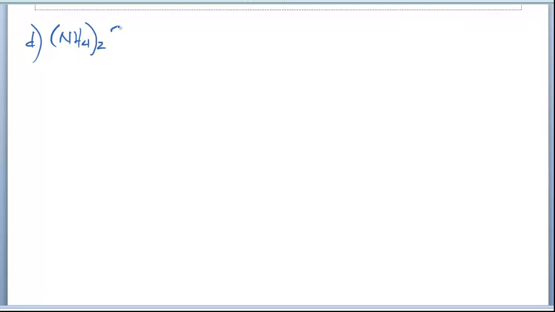NH4, we have 2 of them to balance the 2- charge on sulfate. Okay, and this one, just talking through it, you have 2 nitrogens. You have 2 times 4 or 8 hydrogens. 1 sulfur, 4 oxygens. And when you add everything up, the molar mass is 132.1, and that's grams per mole.